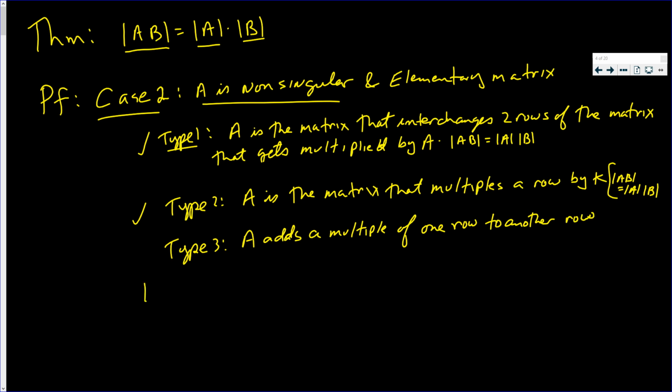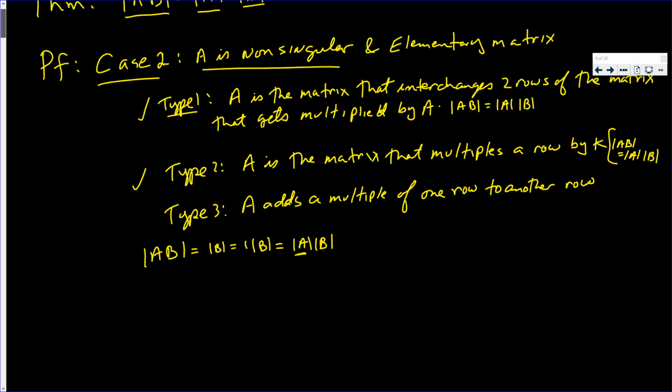Okay, so A times B, well, that's almost B. It's just B with a multiple of one row of B added to another row of B. That turns out to just be the determinant of B, which of course is 1 times the determinant of B. I just need to show that that 1 is the determinant of A. I wrote it, but I didn't show it yet. Need to show that that's 1.